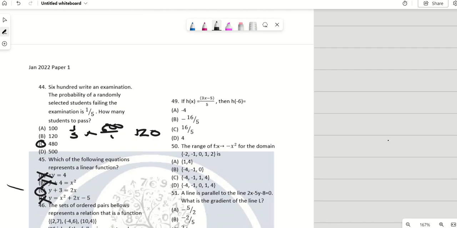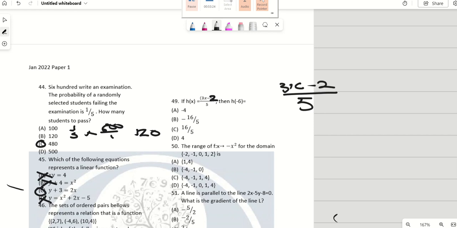Right? h of x is 3x minus 5, all divided by 5. What is minus h of minus 6? So you're going to get... that was written wrong. It's 3x minus 2 all over 5. So they want to know what is h of minus 6.